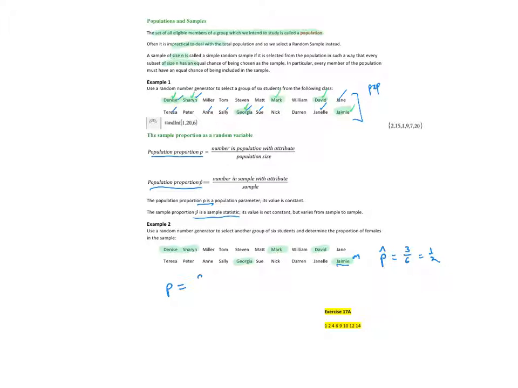So I've got 9 out of 20. So that's constant, P. That's the proportion of people in the whole population that are female. Whereas in my sample, I got P hat equal to a half. Slightly different. And your sample might be different again. Okay? So just distinguishing the difference between a population proportion P and a sample proportion P hat.